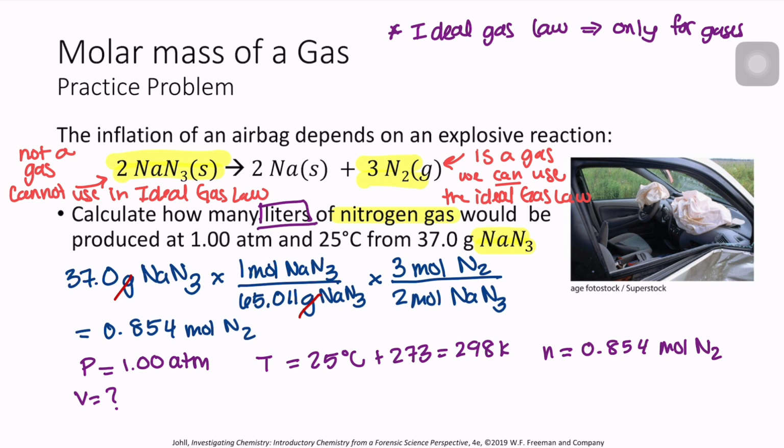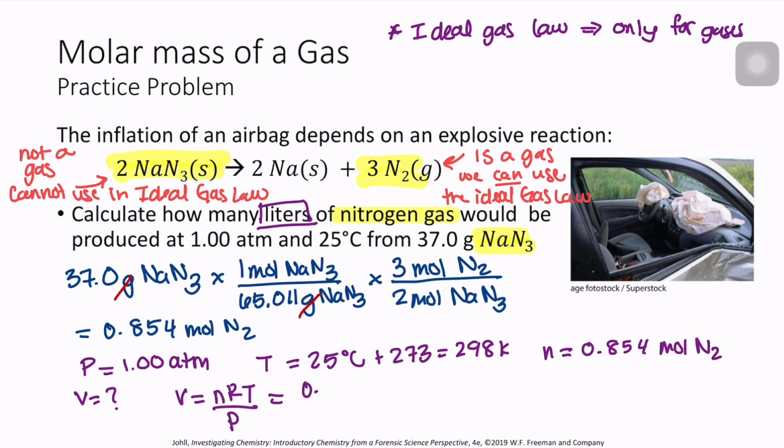So I can use this to solve for the volume. When I rearrange PV equals nRT for volume, I get V is equal to nRT over P. And we have our plug and chug situation.